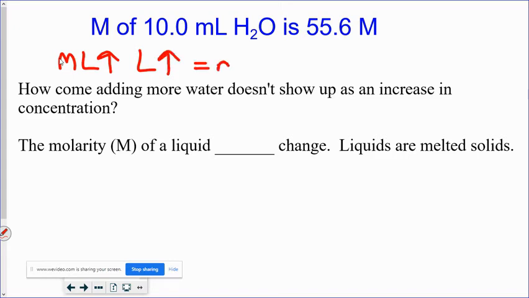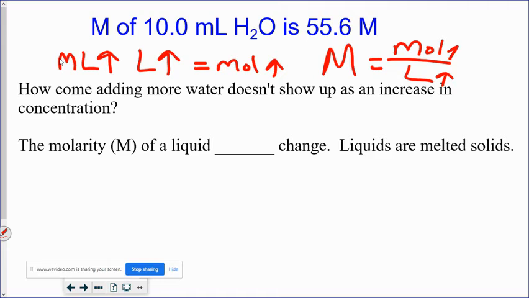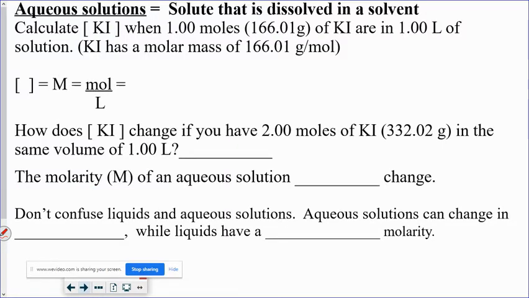That equals the moles going up. And molarity is moles divided by liters. So if the liters go up, the moles go up. They go up the same ratio. And therefore, the molarity of liquids won't change. And liquids really are just considered melted solids. So if solids molarity doesn't change, then liquids molarity don't change as well.